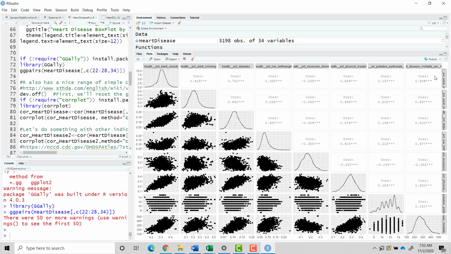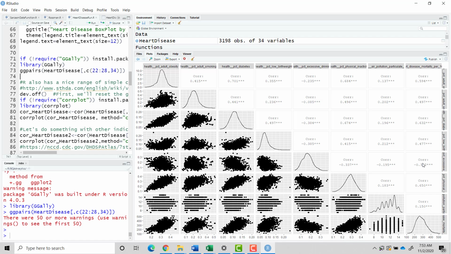So let's have a look at the heart disease mortality. It's positively correlated with obesity, positively with smoking, positively with diabetes, positively with low birth weight, and negatively correlated with excessive drinking. That doesn't seem to make sense, because excessive drinking would make it unhealthy, but maybe it's the more upper class urban areas where everybody's drinking their wine and spirits, and generally they're pretty healthy, but have secret drink problems.